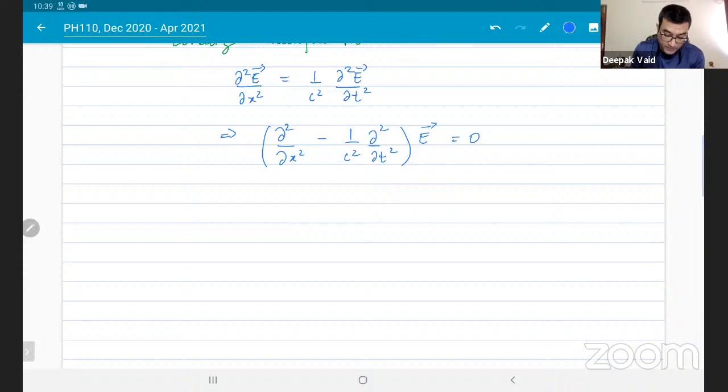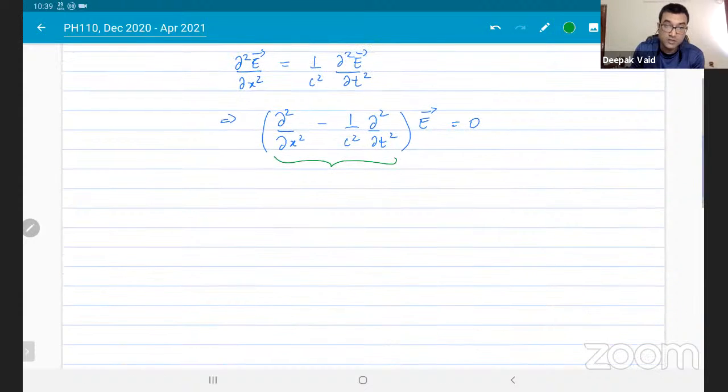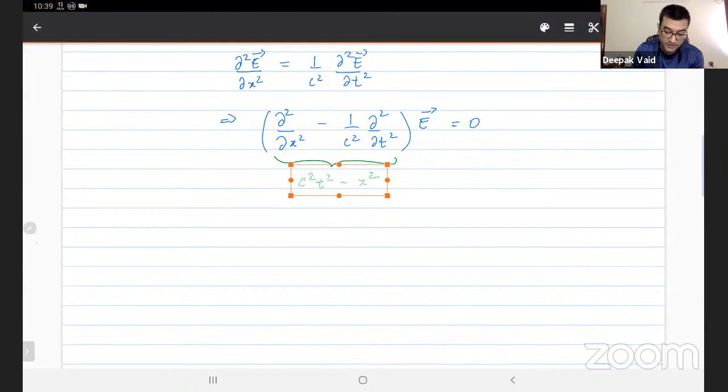So if we look at this expression and stare at it for a little bit, what we see is that this kind of a quantity is appearing: c squared t squared minus x squared in this combination.